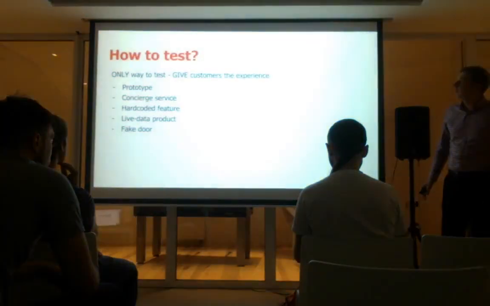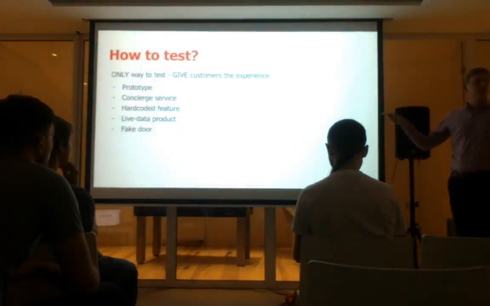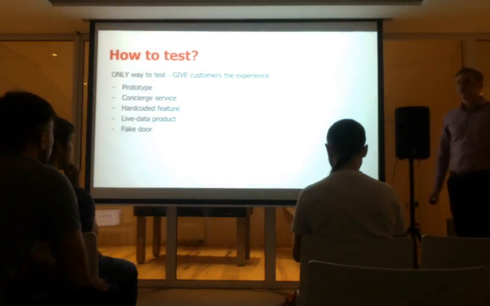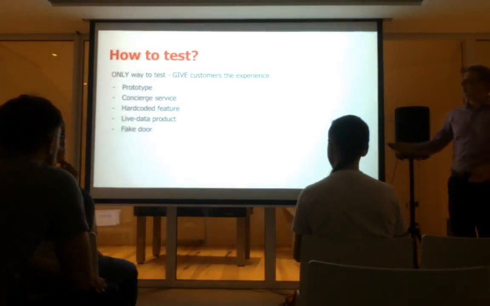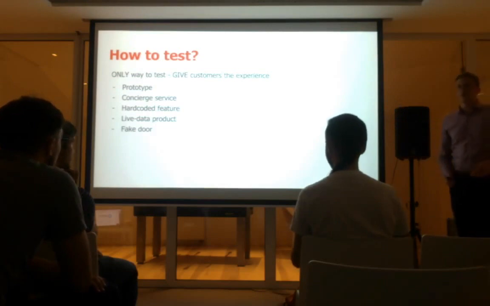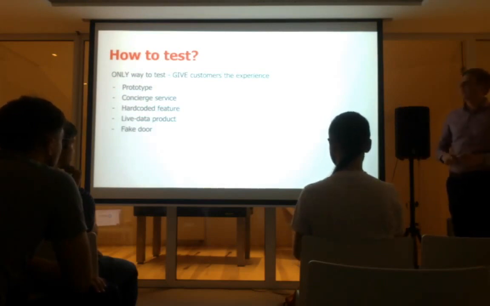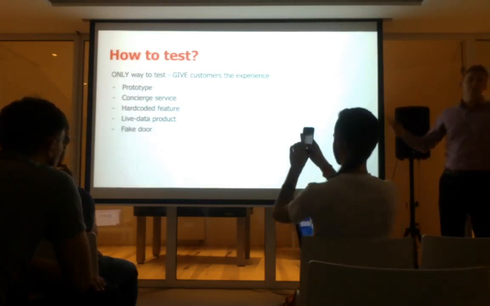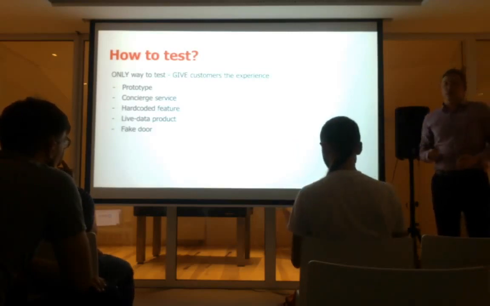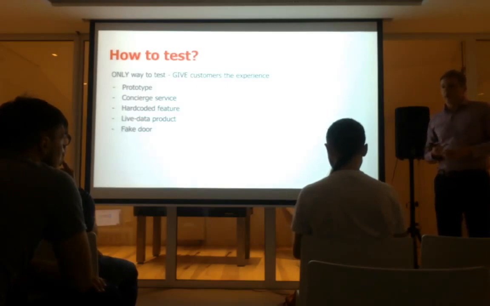Now, if you're taking pictures, then this is what you have to take a picture of. Because the only way to test your idea is to give customers the experience. It can be a written experience, so you can load a prototype, you can tap the screen. You can do a concierge service where people select a cosmetics product, and then you deliver the product to them.